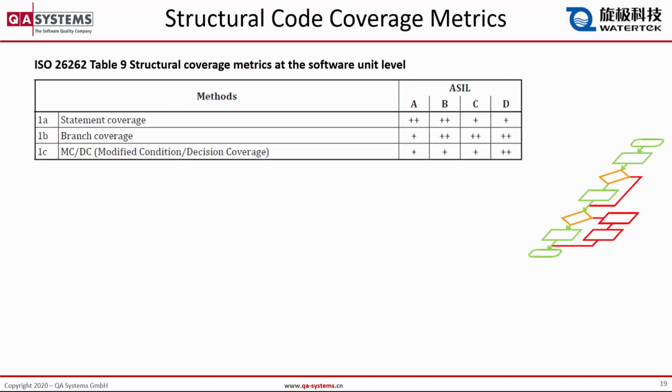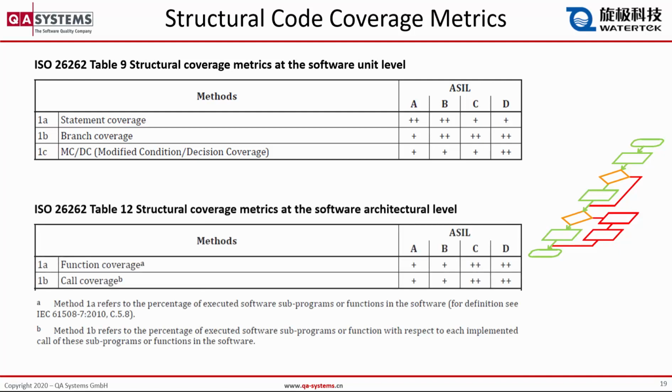In addition to the different methods and techniques, we also have structural code coverage. Table 9 details the structural coverage metrics at the software unit level, again by ASIL A up to D. Modified condition decision coverage being the hardest to achieve and only applicable at level D. Table 12 identifies the structural coverage metrics at the software architectural level.